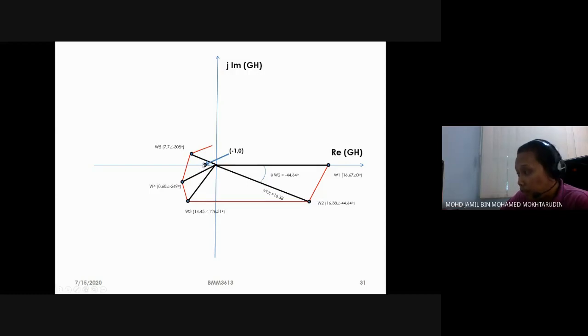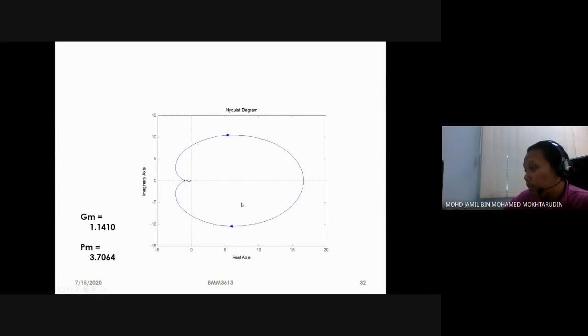So here your Nyquist plot intersects after -1, so the system is unstable. If you use MATLAB, you can see that the Nyquist plot is actually a circle. But since you do not use MATLAB, you get only one part of the Nyquist plot.